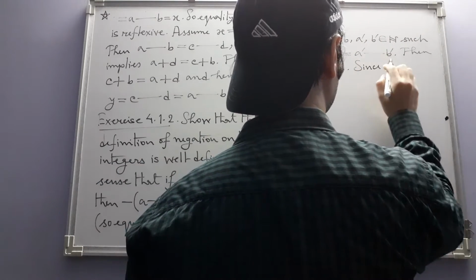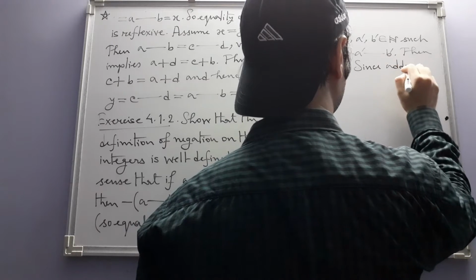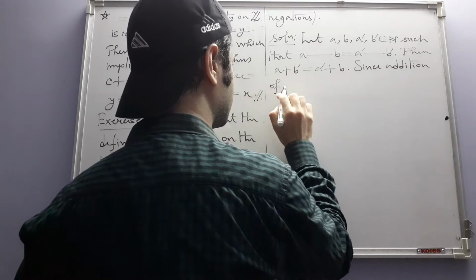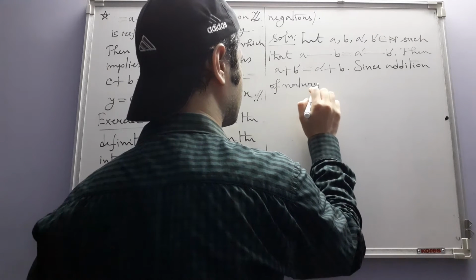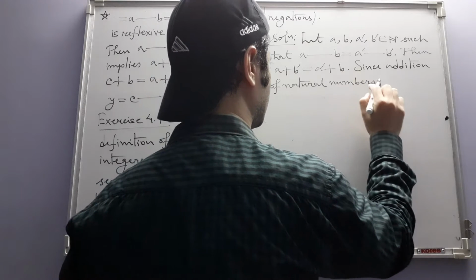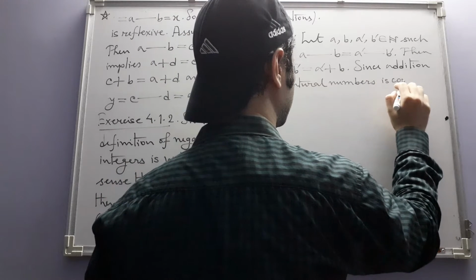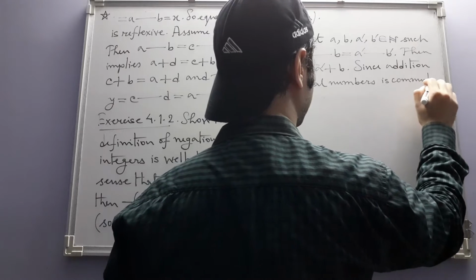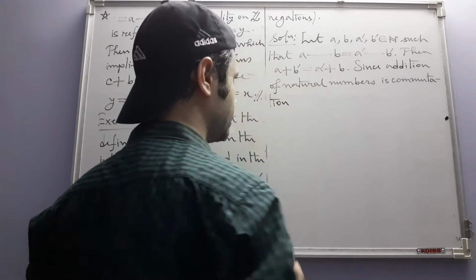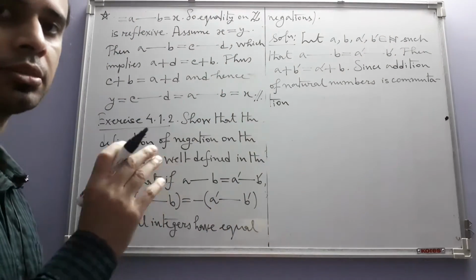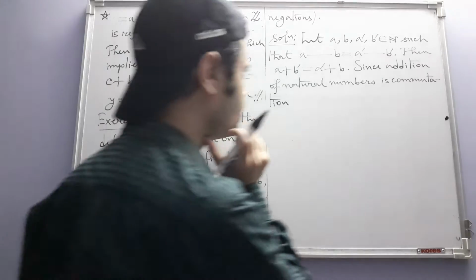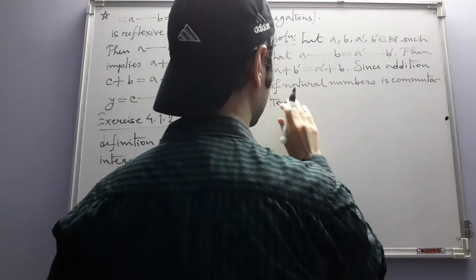Since addition of natural numbers is commutative, if you want, you can go back to the second chapter and see exactly which result proves that, and you can refer to that result here.